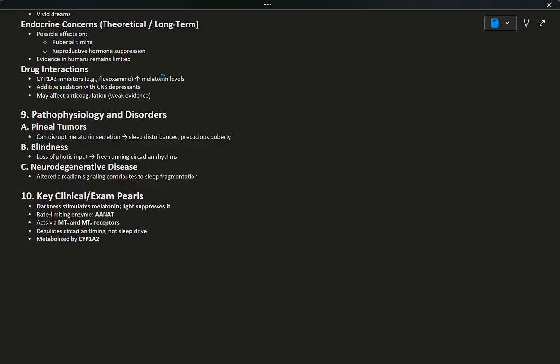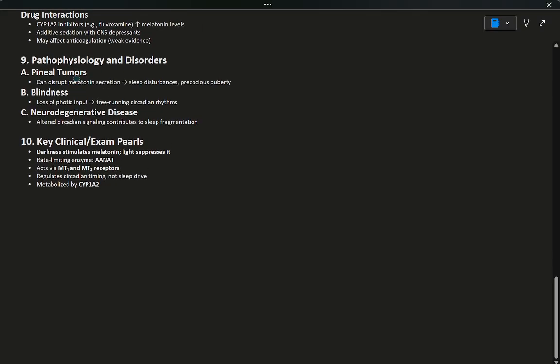So, when prescribing melatonin, watch out for any other drugs that the patient might be taking, like fluvoxamine. Then, studies have concluded that melatonin could affect anticoagulation. So that might be something to watch out for in the future.